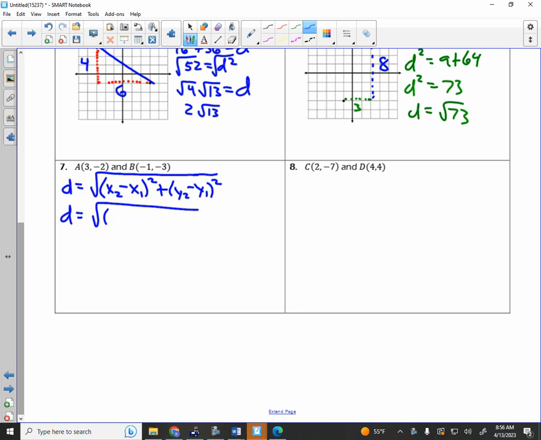What's x sub 2? Which one? 3, negative 2, negative 1, or negative 3? Yeah, it's negative 1, minus the first one, which is 3. I'm going to square those, plus my y sub 2 is negative 3 minus negative 2.